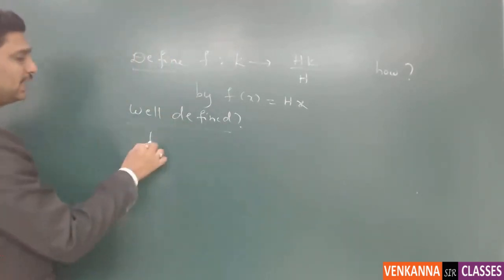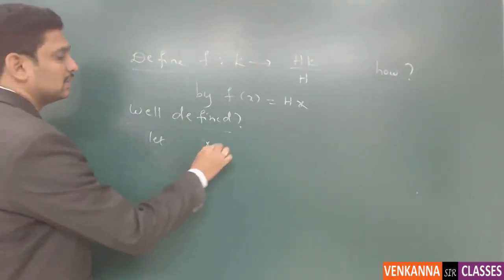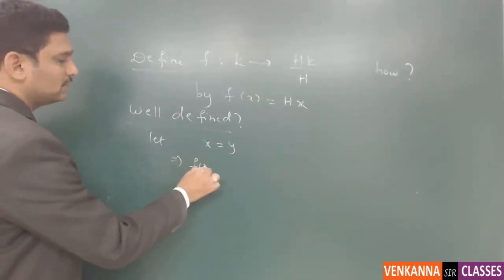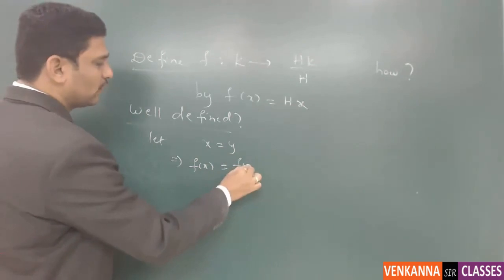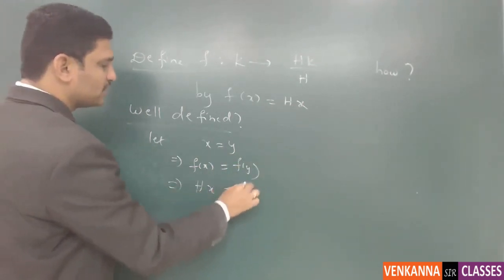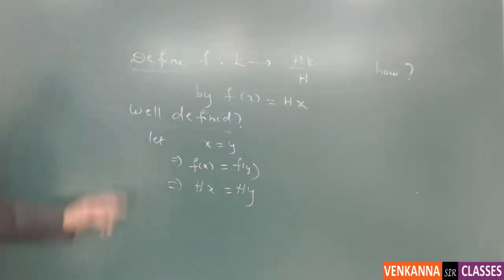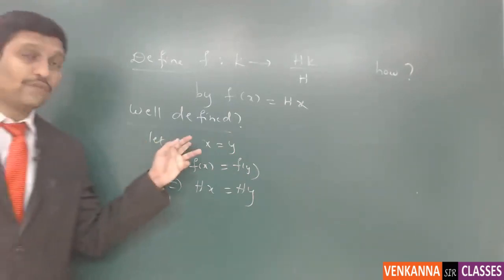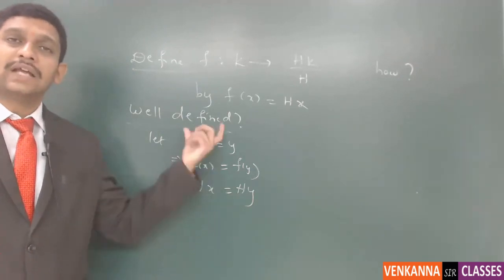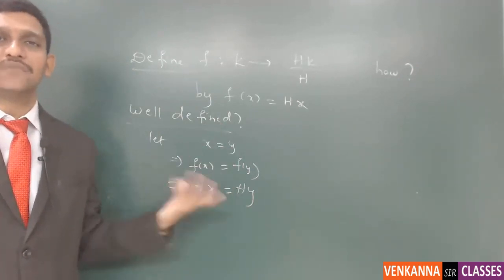So if you take x equal to y, then you have f of x equal to f of y, which gives Hx equal to Hy. So it is well defined. There is no need to check that separately. Whenever elements are equal, images are also equal. That is called well defined.